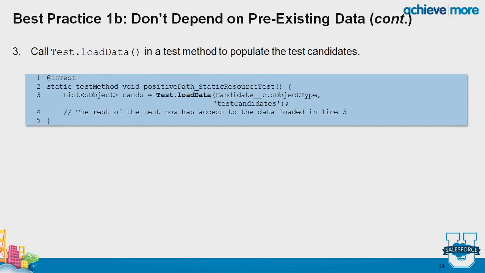You load the Candidate__c object, and you just give it the name that you gave to the static resource. That's it. When you call that method, it invokes the triggers for the candidate, so you actually do that part as well. It not only gets the data from the static resource file, but actually performs a DML operation to insert that data.